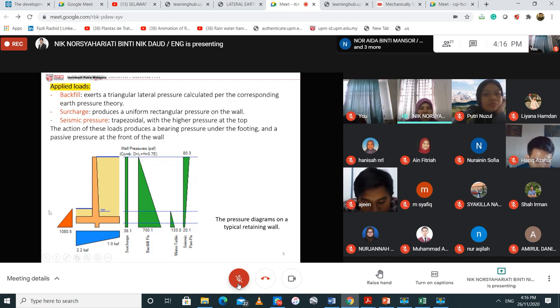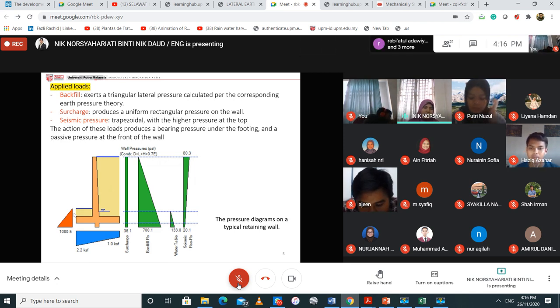And then this red one is the passive force. The passive force should have a higher value compared to the active force, then your retaining wall is stable. Unfortunately, in your example spreadsheet, your passive force is not enough to counter the active force.